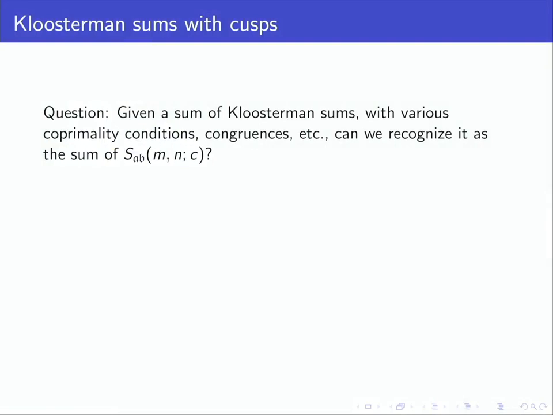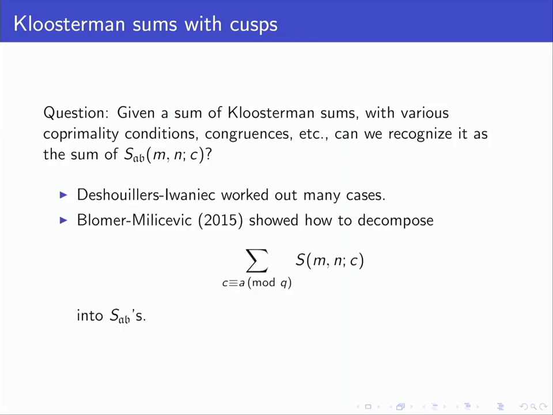And the usual way that this works goes back to Deshouillers and Iwaniec. They picked all sorts of cusps and calculated Kloosterman sums and made a table, and now if you're handed a Kloosterman sum, you look for it in the table and say, oh, aha, it goes back to this pair of cusps. But there's no way to go backwards. The calculation of the Kloosterman sum is sort of complicated.